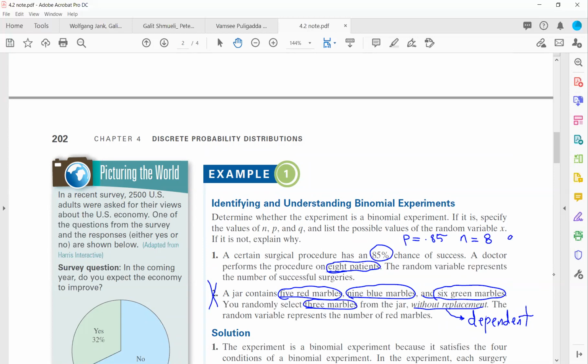What is Q? The probability of failure, 1 minus 85%, which is 15%. What about your X values? X can be 0, X can be 1, X can be 2, X can be 3, up to 8. You have to list all of them.